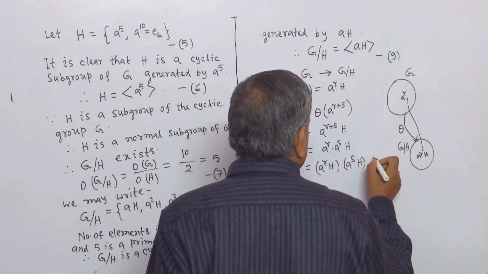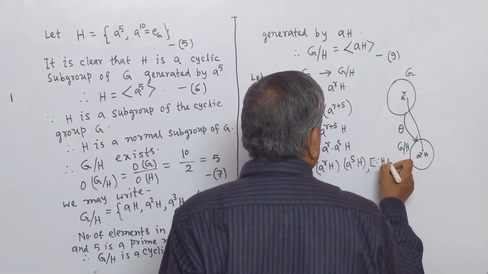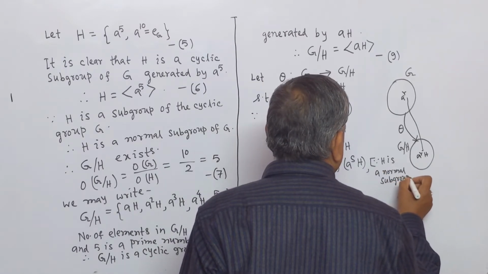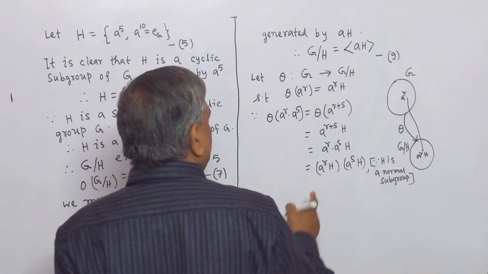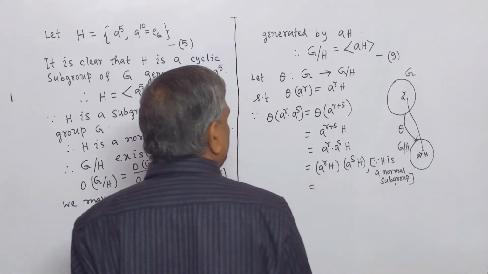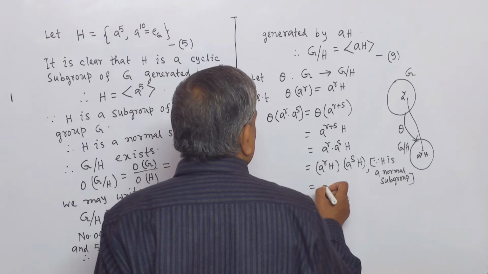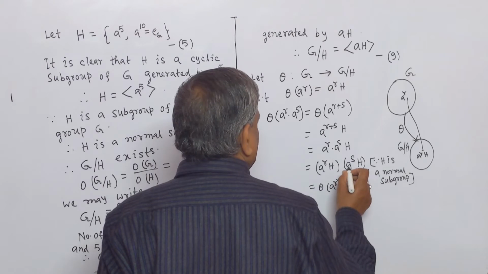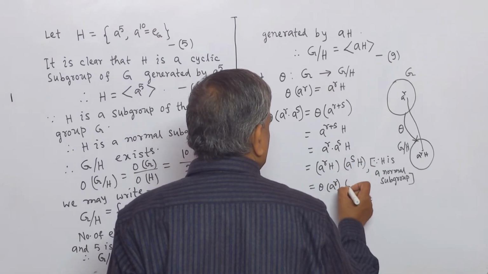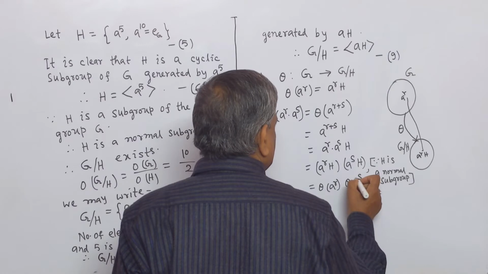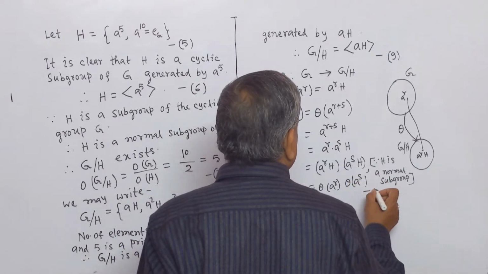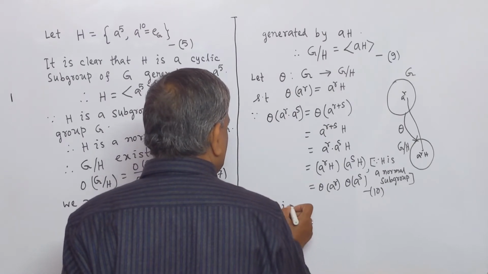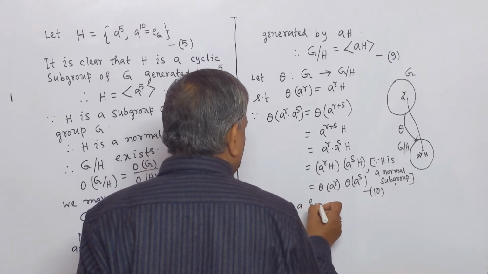Since H is a normal subgroup, and A to the power R H equal to theta of A to the power R, and A to the power S H equal to theta of A to the power S. This is number 10. Therefore, theta is a homomorphism.